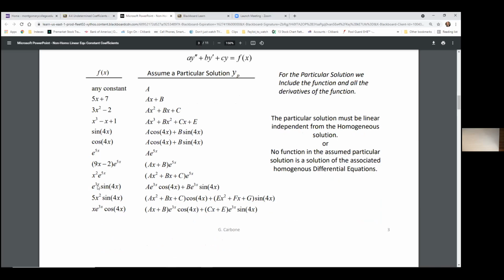If I have something like an exponential times sines and cosines, I'm going to assume a solution that has the exponential times sine and the exponential times cosine. All right. So I guess you could see these here. This is about as complicated as it gets.